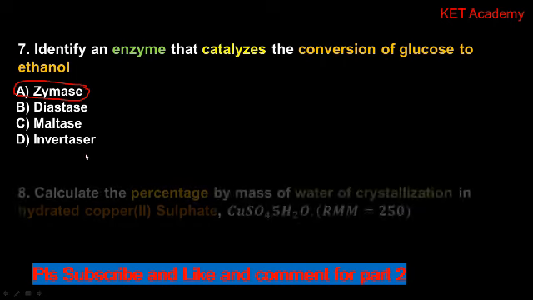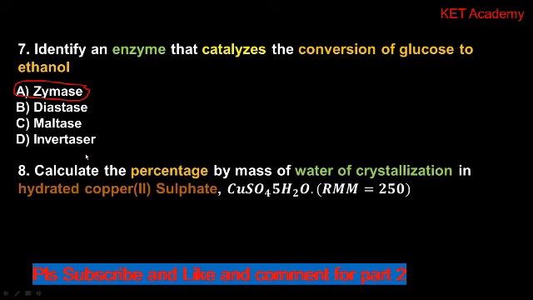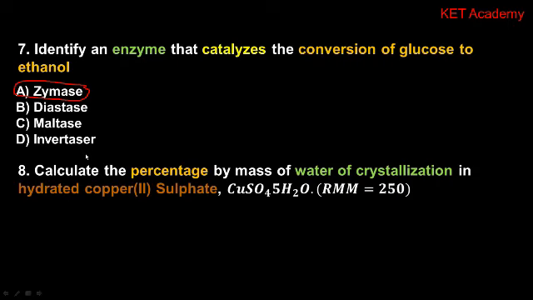Now question 8, it says calculate the percentage by mass of water of crystallization in hydrated copper 2 sulfate. So that is our formula, and they have made our life easy by giving us the relative molecular mass of the compound.